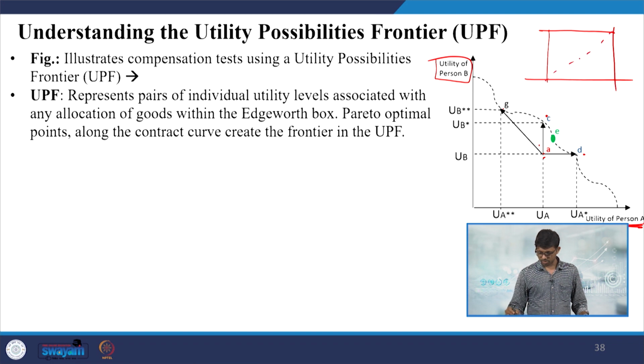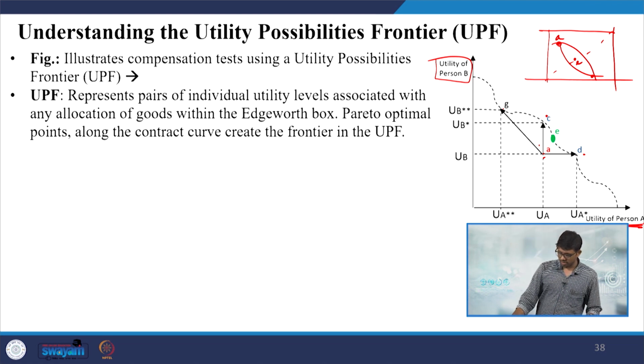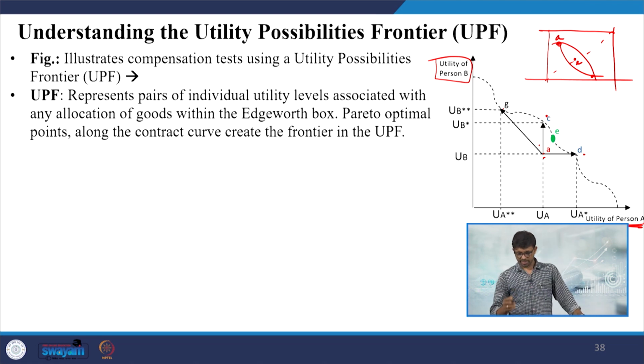I am just plotting the contract curve, and somewhere here we started discussing, and we discussed about E point somewhere here if you remember correctly, and we discussed A and C and D point. Okay.